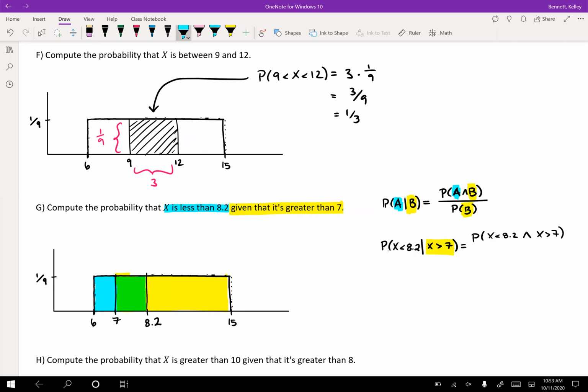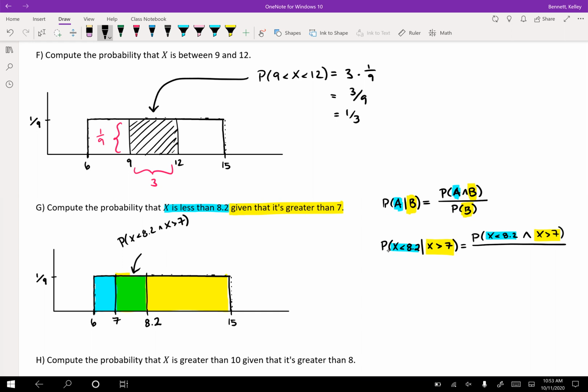So we've got A and B. So we know that when we're looking at these and probabilities, we're looking at the intersection. This green region, this is the probability that X is less than 8.2 and X is greater than 7. So now we have to convert that into a number, right? But we know that probability is just equal to area.